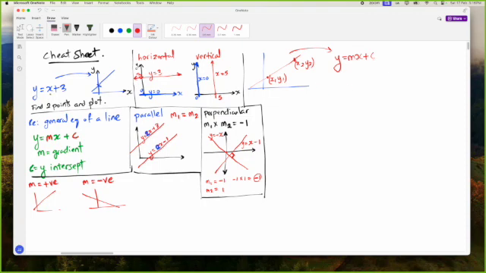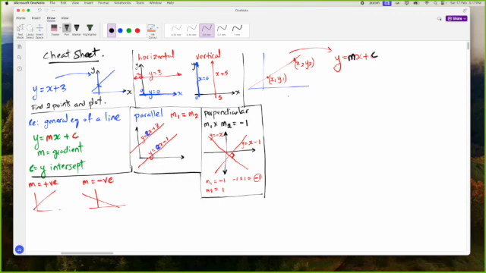So the first step in coordinate geometry was we had the equation and we wanted to get the graph. Now you have the graph, you want to get the equation. So how are you going to get the equation? You have the 2 points. You're going to use the 2 points. What do you need? You need to get m and you need to get c.